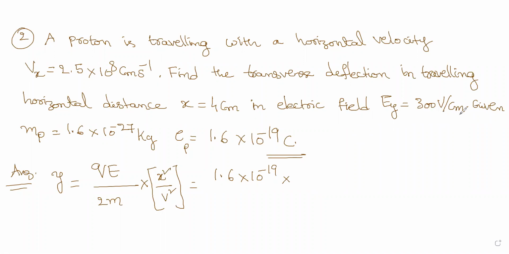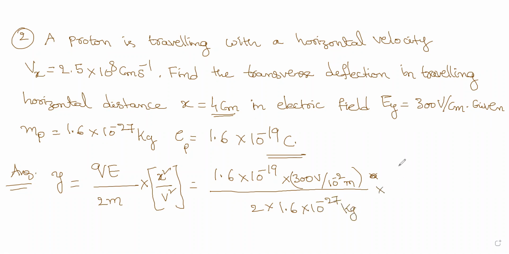It is 300 volt per centimeter, and x is also given in centimeter, so we have to change as per that. 300 volt per centimeter becomes 10 to the power of minus 2, we can put meters, divided by 2 into mass of proton, 1.6 into 10 to the power of minus 27 kg. Here x is the distance, 4 into 10 to the power of minus 2 meter.